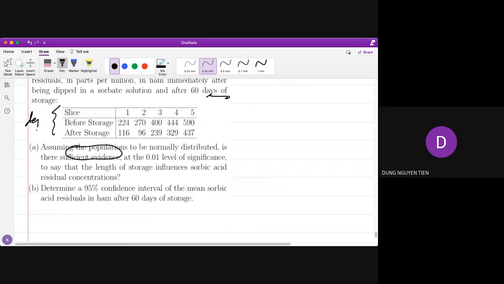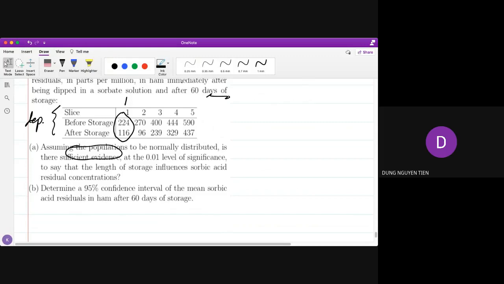They are dependent. Okay, why? Because these two values are about the same individual, right? You measure it before and after storage, right? Therefore, they are dependent.